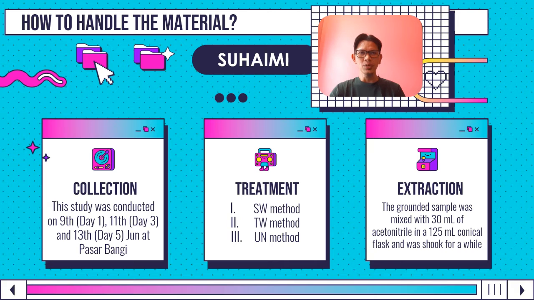The liquid extract was then centrifuged at 2000 rpm for 10 minutes and transferred into another conical flask, after passing through a filter funnel containing glass wool and anhydrous sodium sulfate.